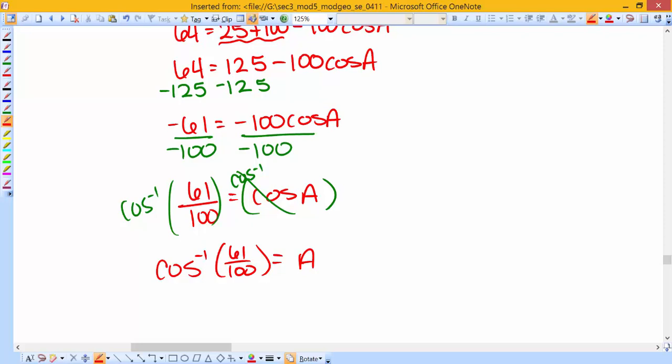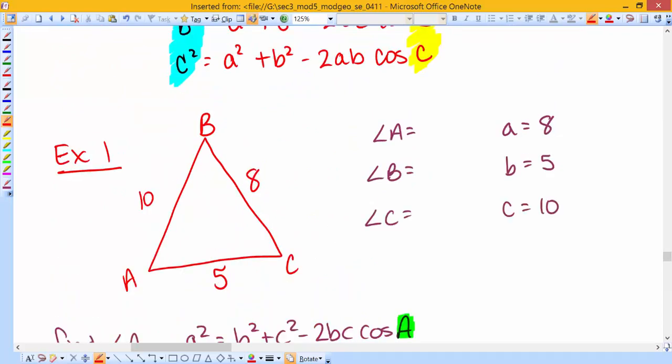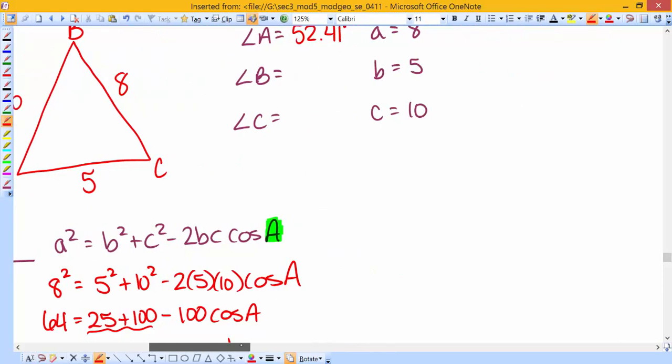Second cosine, I'm using parentheses, 61 divided by 100, and I have 52.4. 52.41 degrees. So I'm going to come up here and put that. 52.41 degrees. Now I'm going to find angle B. So I'm going to come over here.